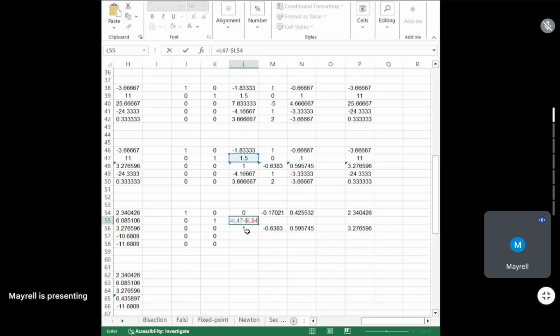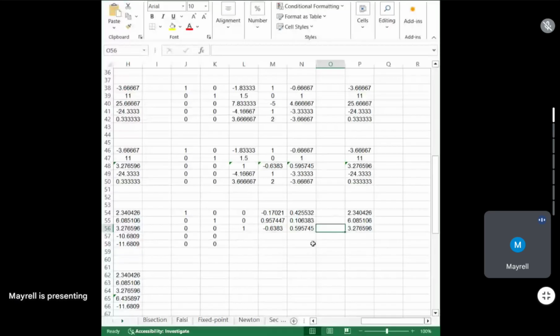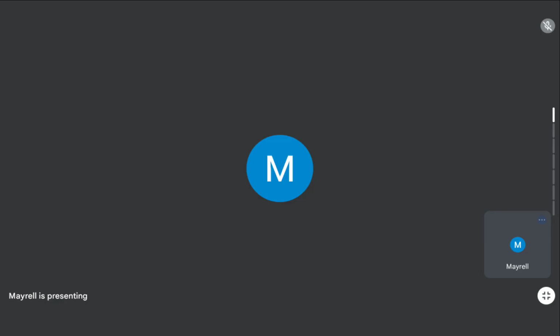So fourth row, so the element in the corresponding fourth row minus our M here is this element in A43. So it's in cell L49 times the row 3. Okay.